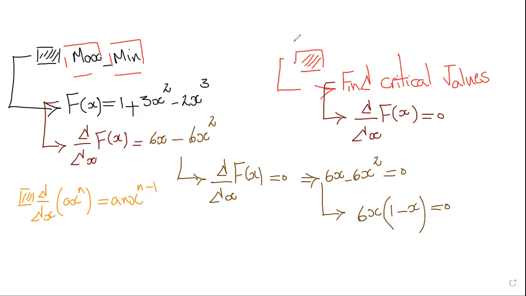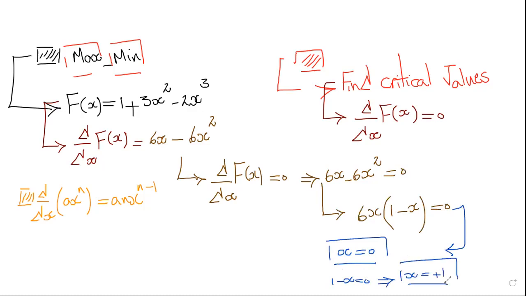Then you see very easily that if you solve this equation, either x is 0, which is going to be my first critical value, or 1 minus x becomes 0, which means that x needs to be plus 1. This other point is essentially my second critical point.